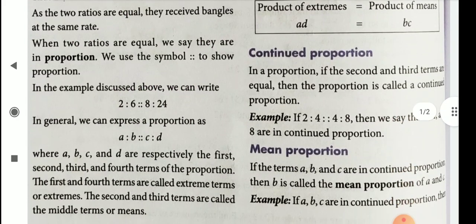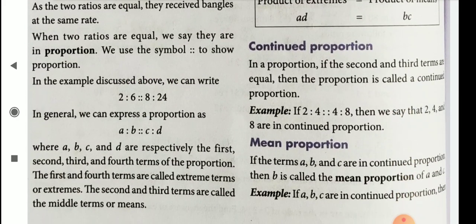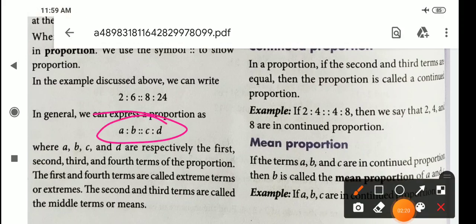Then comes, here, children, in general we write like this: A is to B double colon C is to D. Okay, where A, B, C and D are respectively the first, second, third and fourth terms.